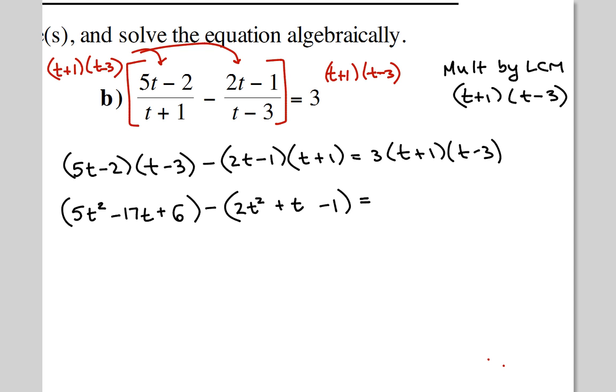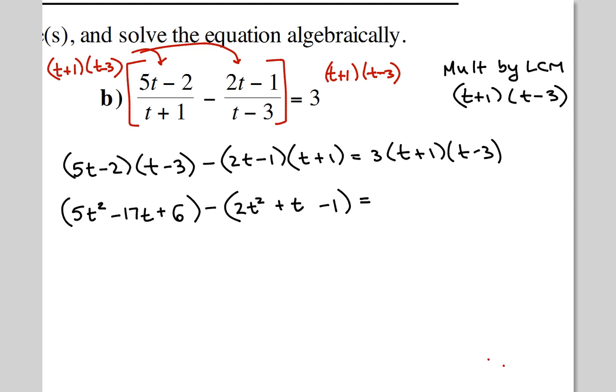Now the right hand side, do I put the 3 into both? Or I could put it in the second one. You just don't put them in both. Doesn't matter which one you put them in, just don't put them in both, because that's like multiplying by 9. You can put the 3 at the end as well.